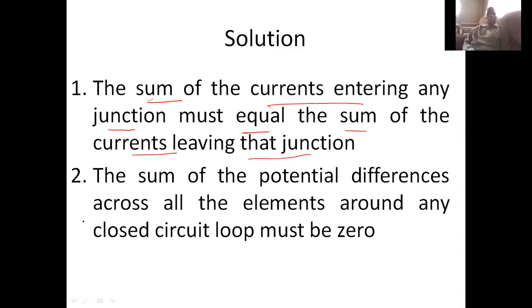The second is that the sum of all the potential differences across all the elements around a closed circuit loop must be added, and they should give us 0.